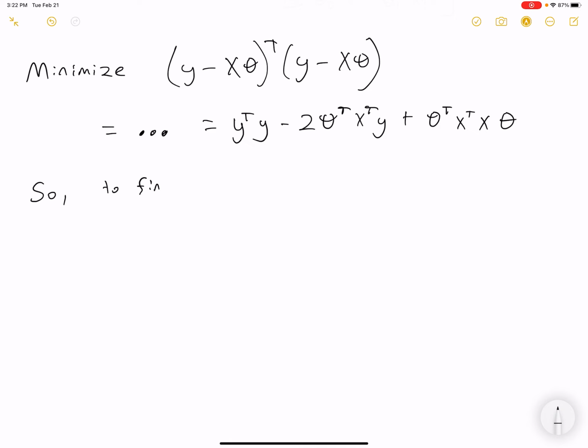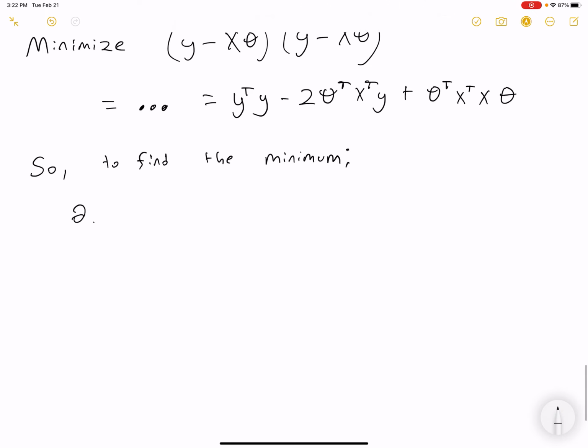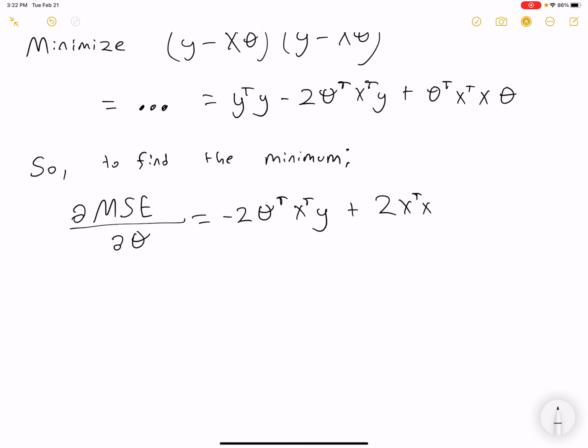To find the minimum of this expression, we can do what we always do, take the partial derivative with respect to the parameter values and set it to 0. So the partial derivative of that above, using calculus for linear algebra, turns out to be this also ugly expression, plus 2 X theta X. We set that to 0.